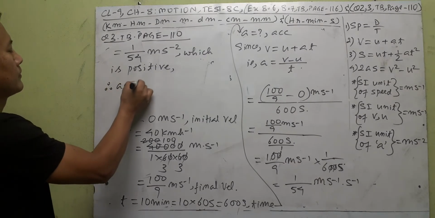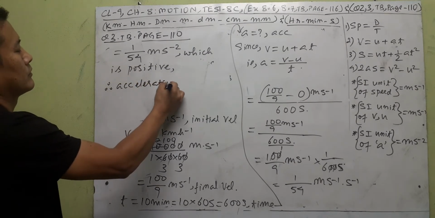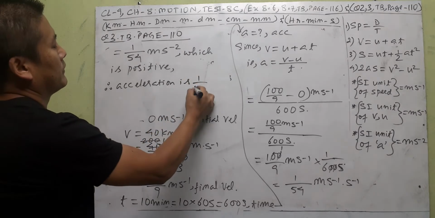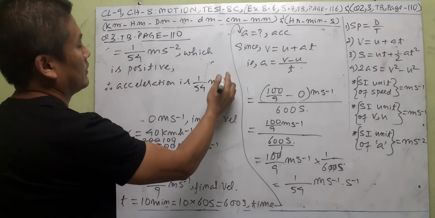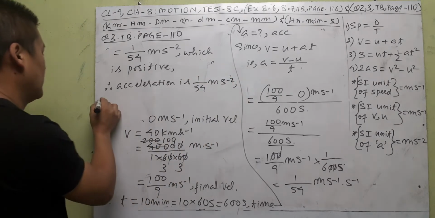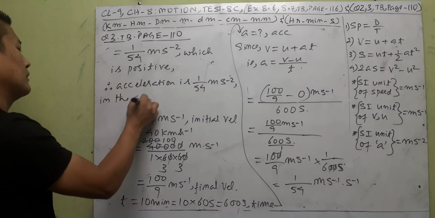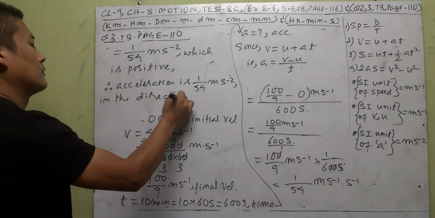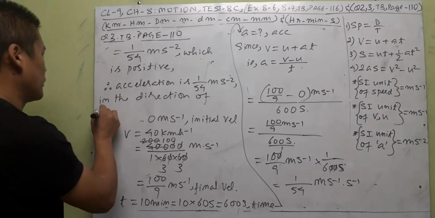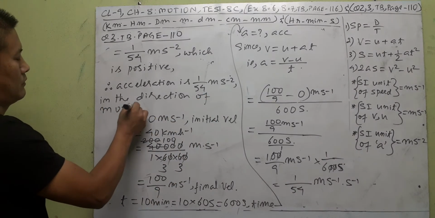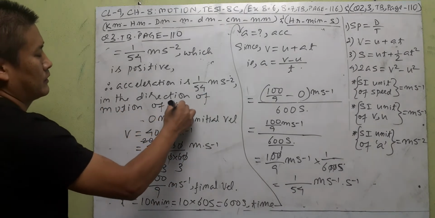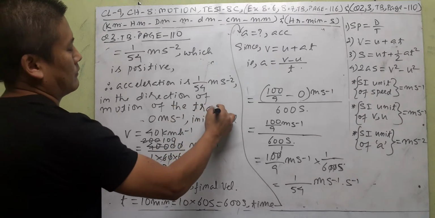Therefore acceleration is 1 by 54 meter per second square, in the direction of motion of the train.